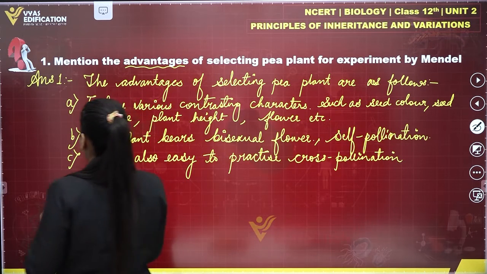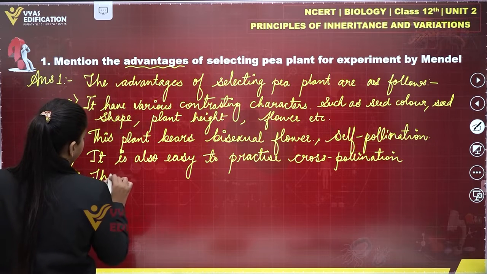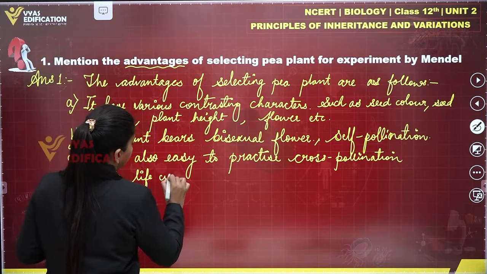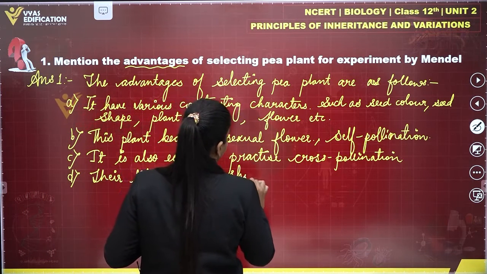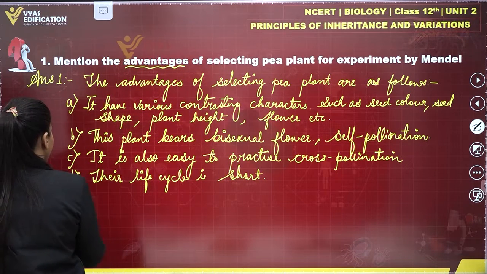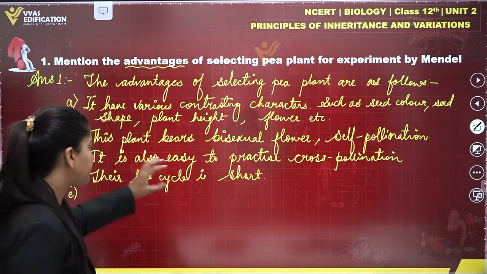The next advantage of pea plant is their life cycle. Their life cycle is short, hence the experiment we are working on is actually easy.